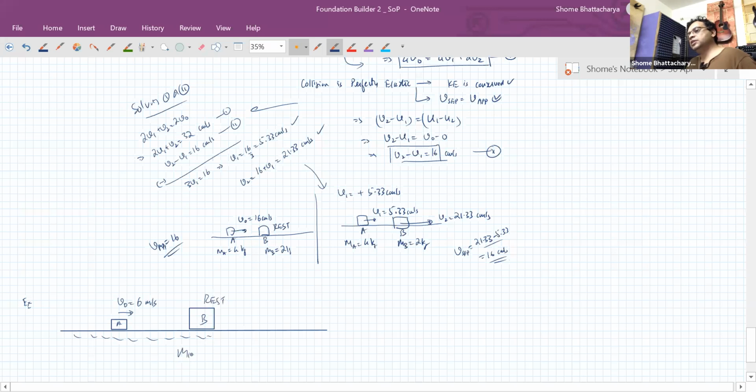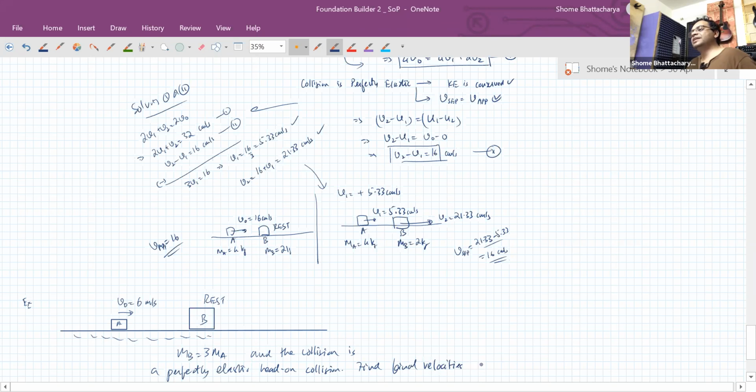Now mass of B is equal to, let us say, 3 times mass of A. And the collision is a perfectly elastic head-on one. So find the final velocities.